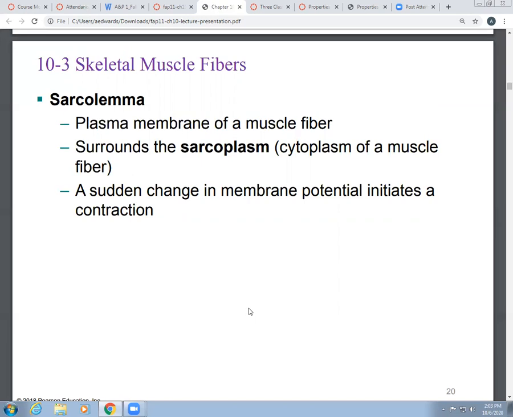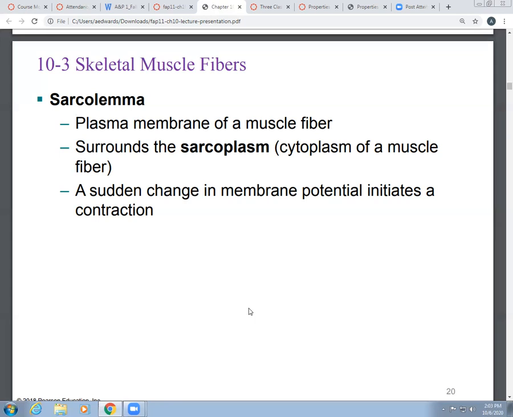So it surrounds the sarcoplasm, or cytoplasm, of a muscle fiber. So sarcoplasm is cytoplasm. Sarcolemma is a plasma membrane. Okay, just in the muscle cells, they have special names. Okay, when we get to neurons, they'll have special names too. But it's the same thing you already studied. Okay, it's adapted for muscle tissue, but it's what you've already learned.